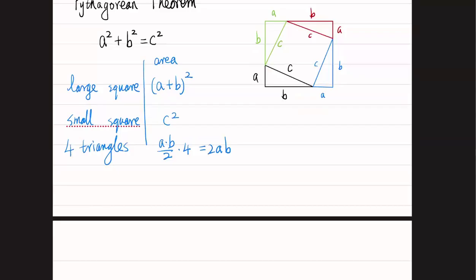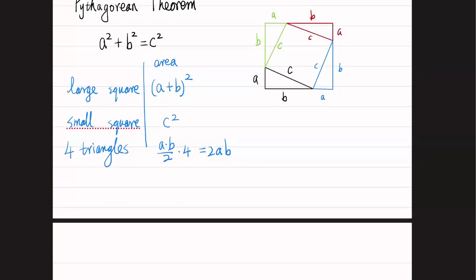All of this is very basic, nothing about the theorem yet. The observation is the area of the smaller square, C square, combined with the area of the 4 triangles should equal the area of the large square.